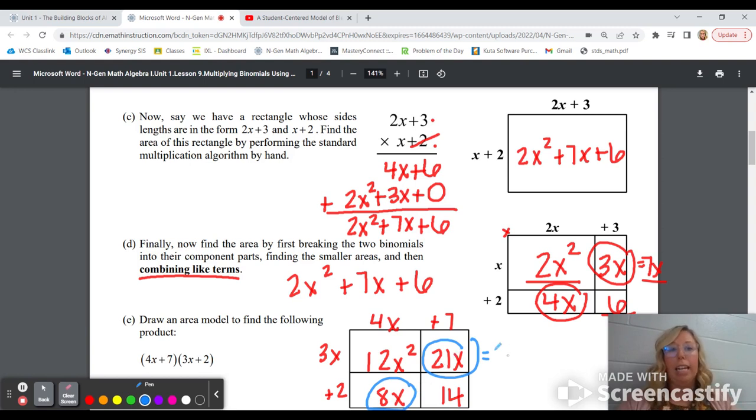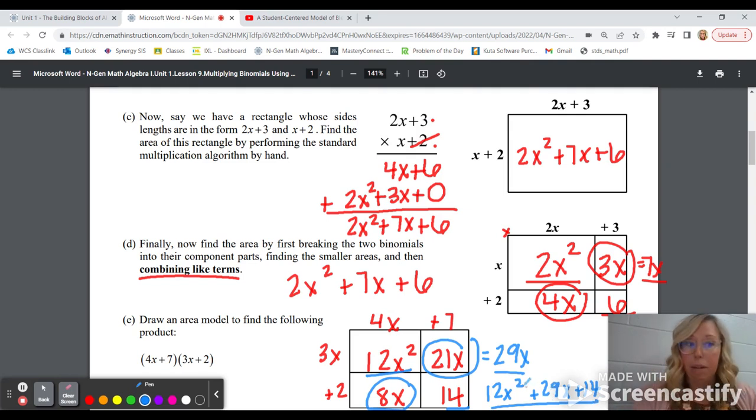So 21 and 8, that's going to give me 29x. So then we take our 12x squared, our 29x, and our 14, and the product of these two binomials is going to be 12x squared plus 29x plus 14. So that's with the area model.